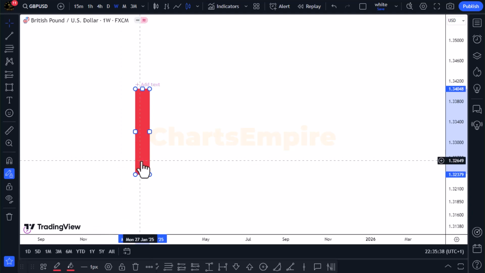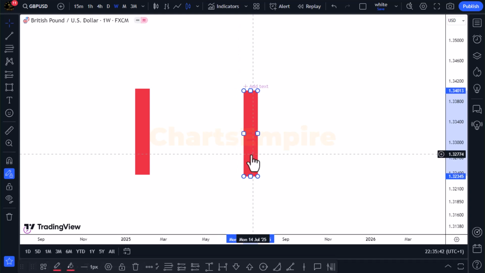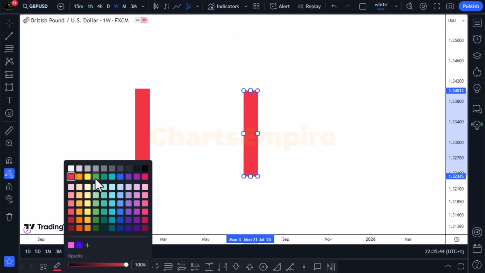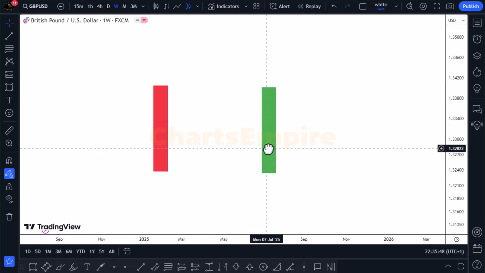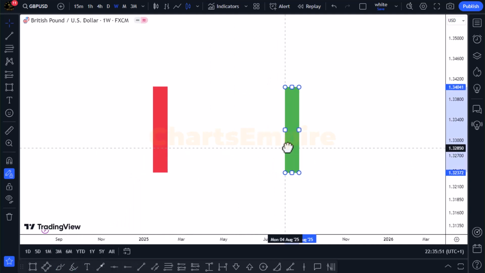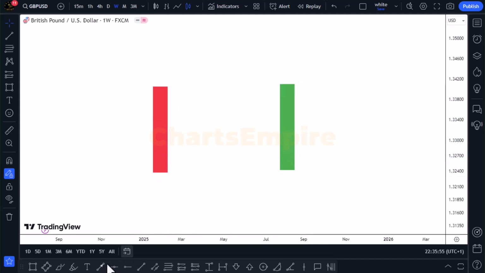And we can represent our buyers' candlestick with green, which is commonly used. So this is our buyer right here, and this is our seller, right? We are going to name these candlesticks so that you can know this is the seller in this market.